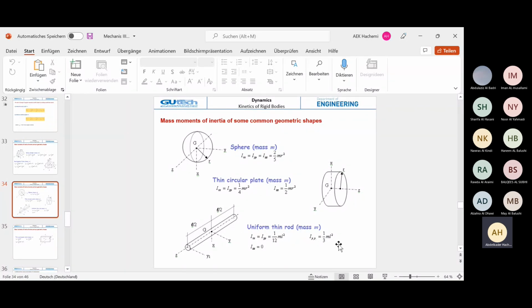If you look here, what we have: I xx equal to I yy, 1 over 12 M multiplied by L square. In our case here, L square will be (A plus B) square. And we have this term along this direction, I zz; in our example it's only x prime, which will be equal to 0.